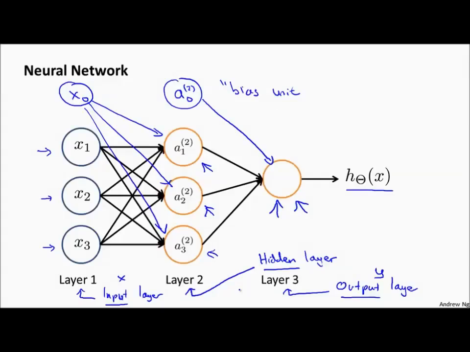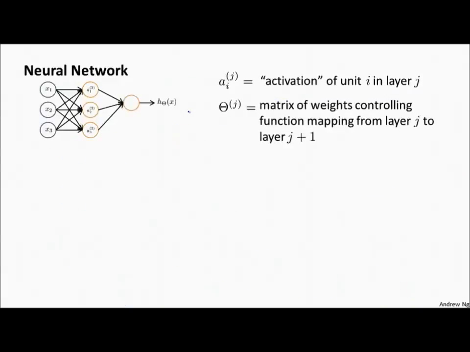So I want to be really clear about what this neural network is doing. Let's step through the computational steps that are represented by this diagram. To explain the specific computations represented by a neural network, here's a little bit more notation. I'm going to use a superscript j, subscript i, to denote the activation of neuron i, or of unit i, in layer j.